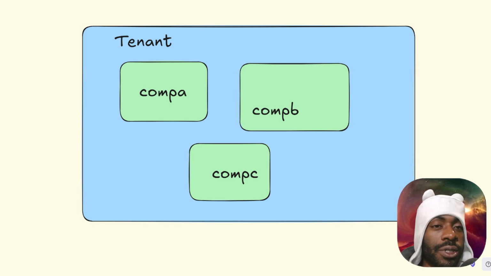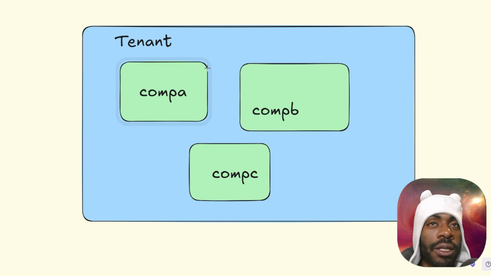So the resources of company A would be separate from the resources of company B and company C. The cool thing is you can also go in and configure things so that company A can communicate with the resources of company C, and company B communicate with the resources of company A, and of course company C communicates with company B. But that is an explicit configuration you have to go in and define.